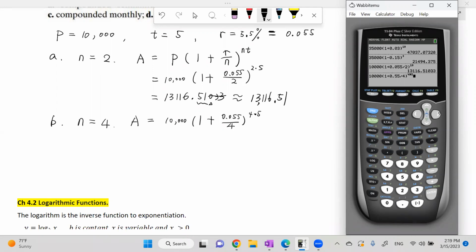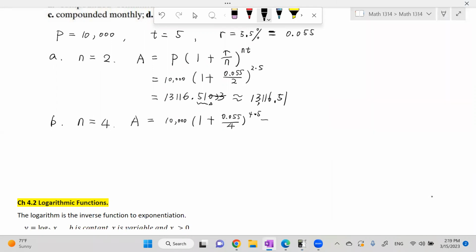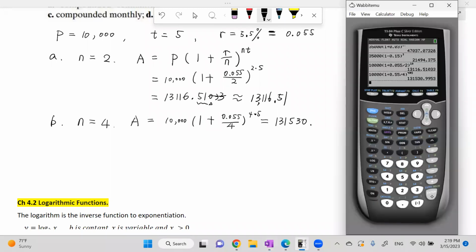Move the cursor, hit enter. We have 13153.09953.